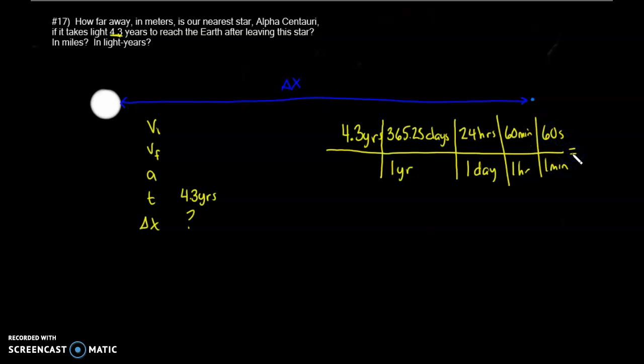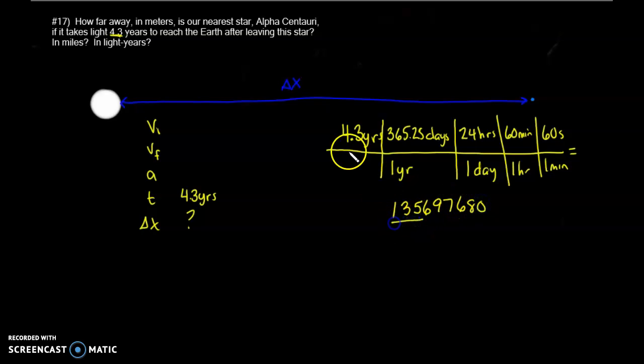So if I crunch all those numbers in my calculator here, I do 4.3 times 365.25 times 24 times 60 times 60, and I get this monstrosity out of my calculator: 135,697,680.